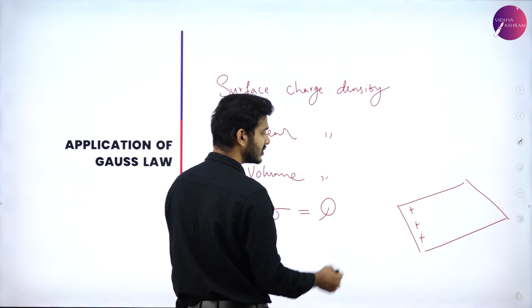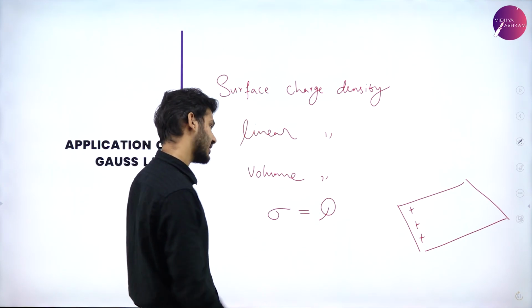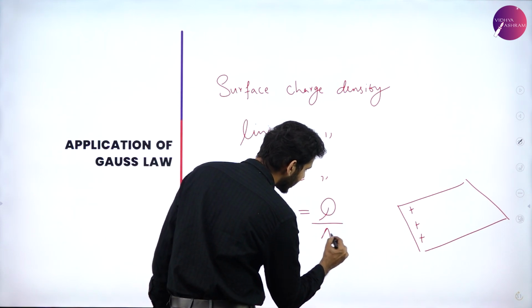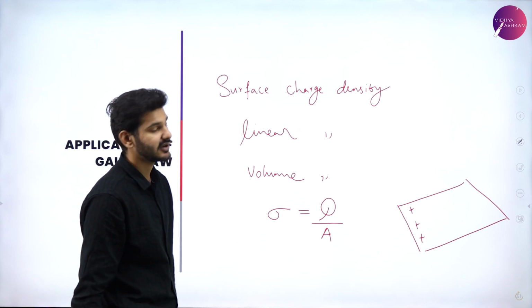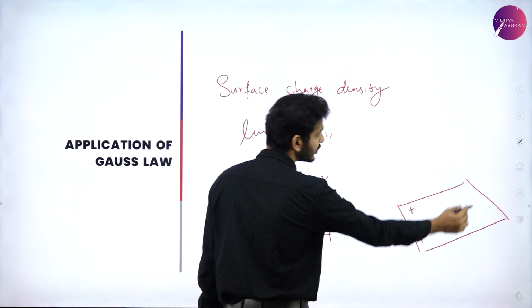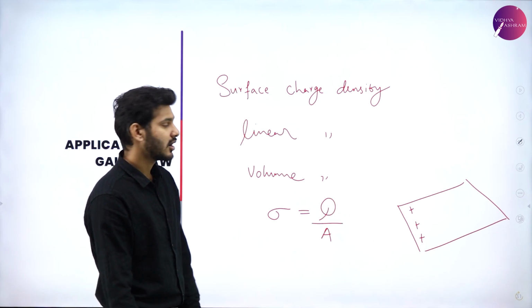Let's say capital Q is equal to Q1 plus Q2 plus Q3 plus Qn, so n number of charges added together, divided by the area of that particular sheet. If it is a rectangular sheet, then it is L into B. If it is a different shape, it will have a different area.